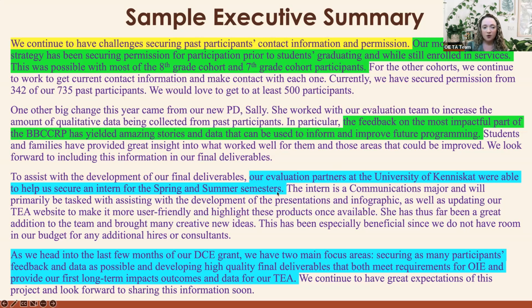And then in the blue, again, you'll see that we're really looking at the future, what's going to be happening, our plans for this last bit of our project, because we want to know, what do you expect to accomplish between now and the end of the project? How do you see yourself wrapping up this work? So again, the sample APR and executive summary are not meant as a perfect model, but just to give you an idea of what this could look like.